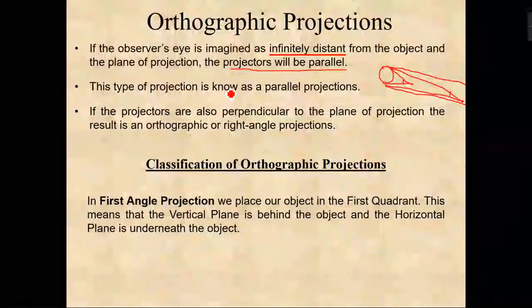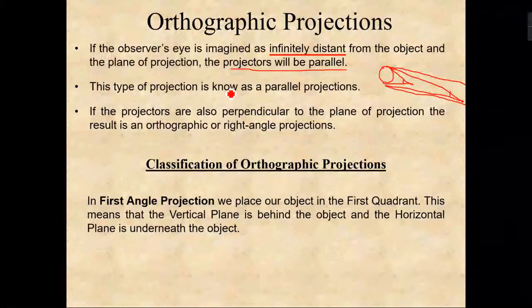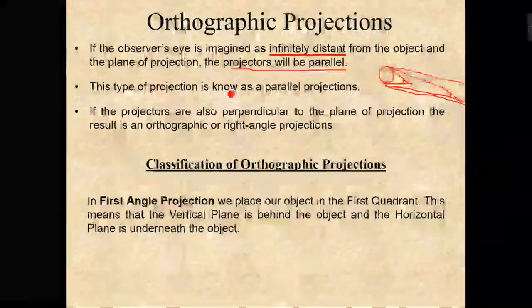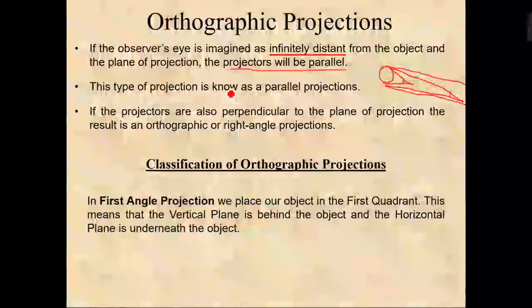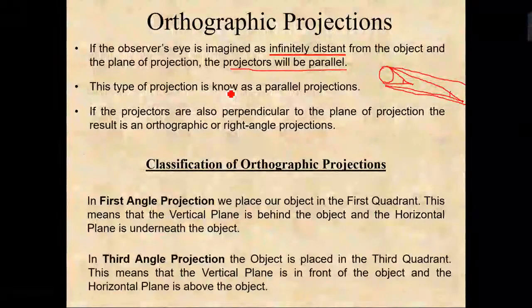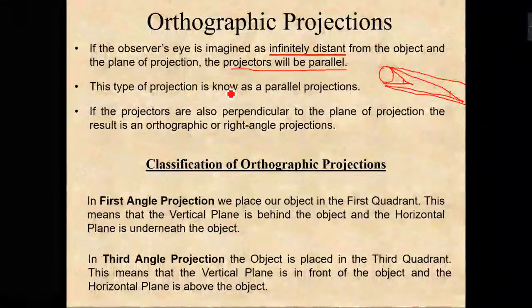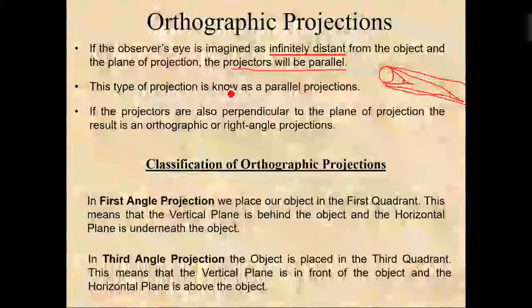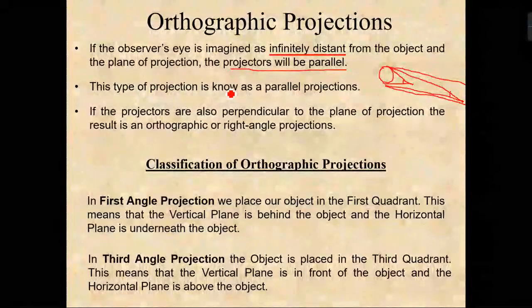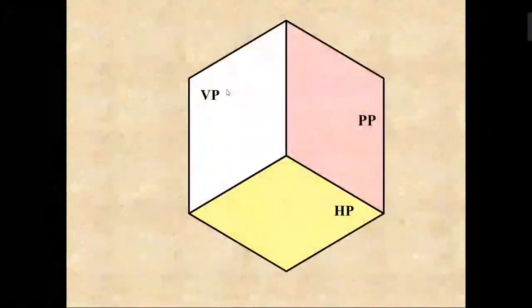Okay. But if your object is in the third quadrant, then it is called the third angle projection. This means that the vertical plane is in front of the object and the horizontal plane is above the object. So it is the same example that we have already seen.